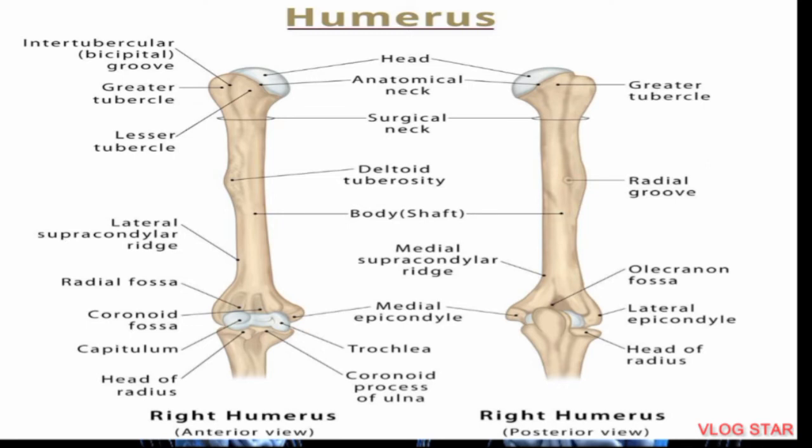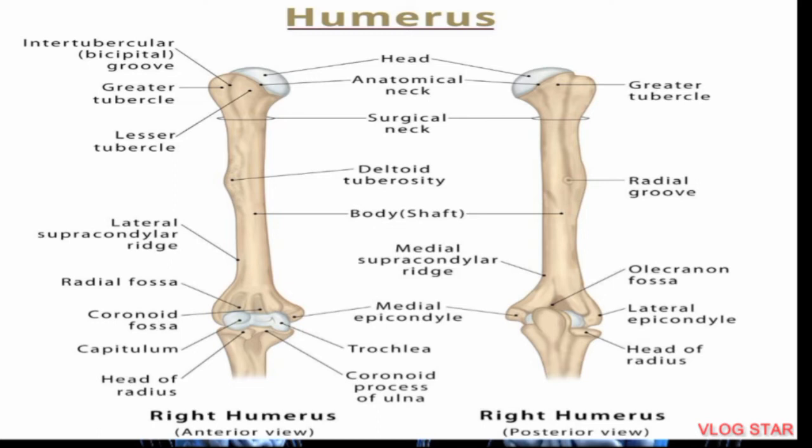Here is the lateral supracondylar ridge, radial fossa, coronoid fossa, capitulum, head of radius, trochlea. This is the trochlea, and this is the coronoid process of ulna.